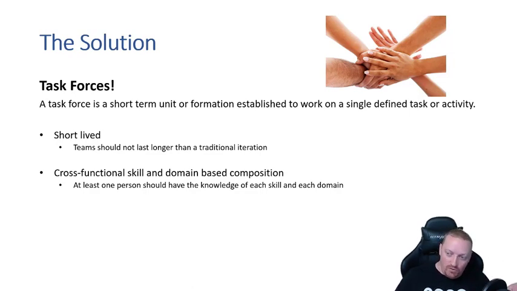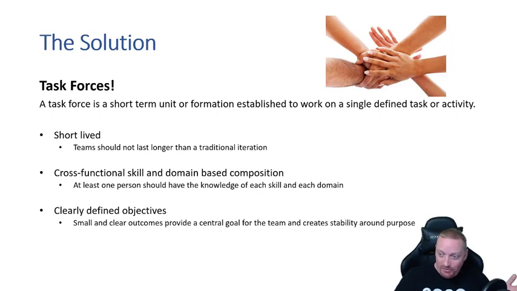And once you know those things, there's no reason you can't figure out who the people you need to put on your team are, right? You can assemble a team based upon those required skills and domain requirements, right? So at least one person should have the knowledge of each skill and each domain, right? And so you just compose the team, the task force, with those individuals required for this.